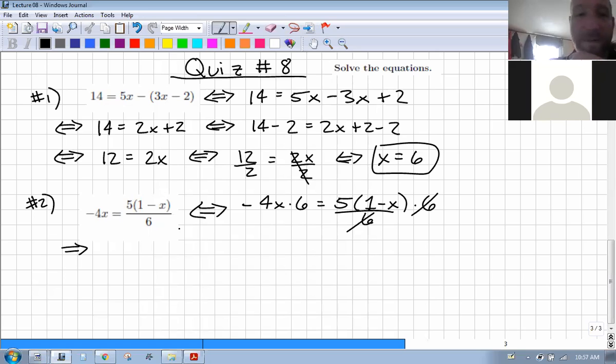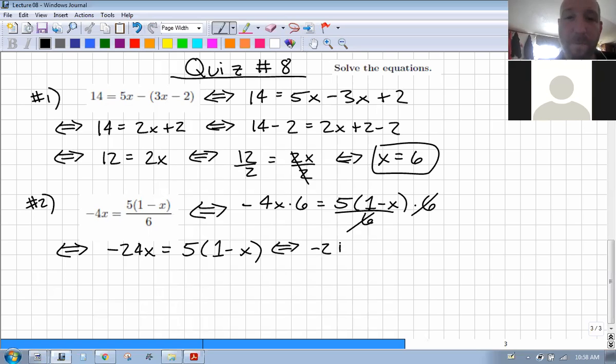So now I'd have negative 24x equals 5 times (1 minus x). The next thing I do is distribute this 5 so I can get rid of these parentheses. So 5 times 1 is 5.